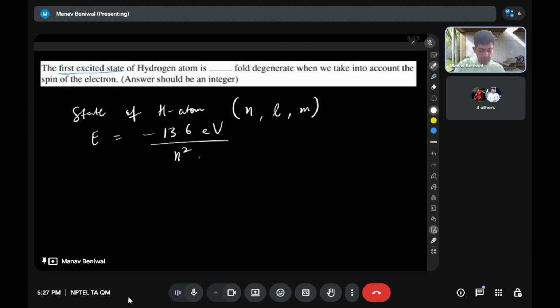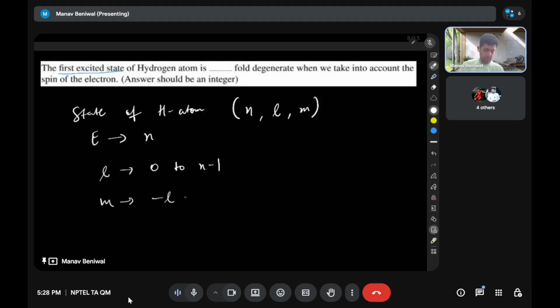Exact form doesn't matter. So energy is determined by n. Then the value of l goes from 0 to n minus 1, and the value of m goes from minus l to plus l.